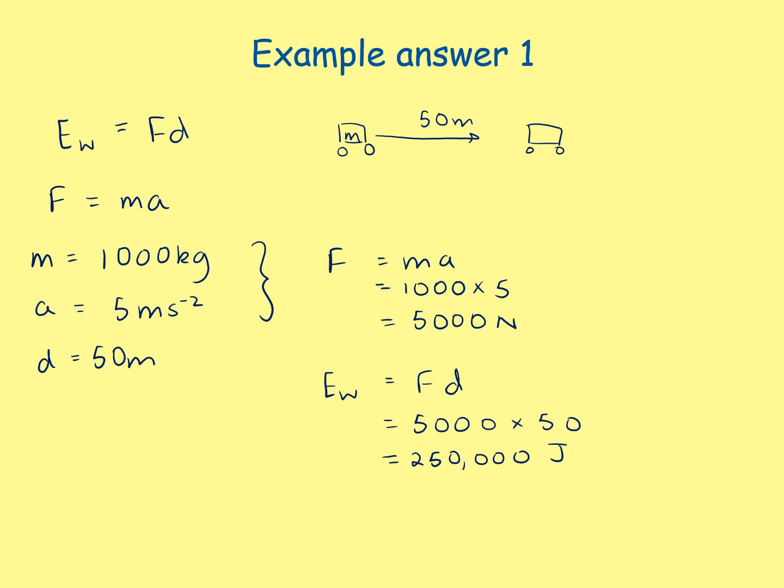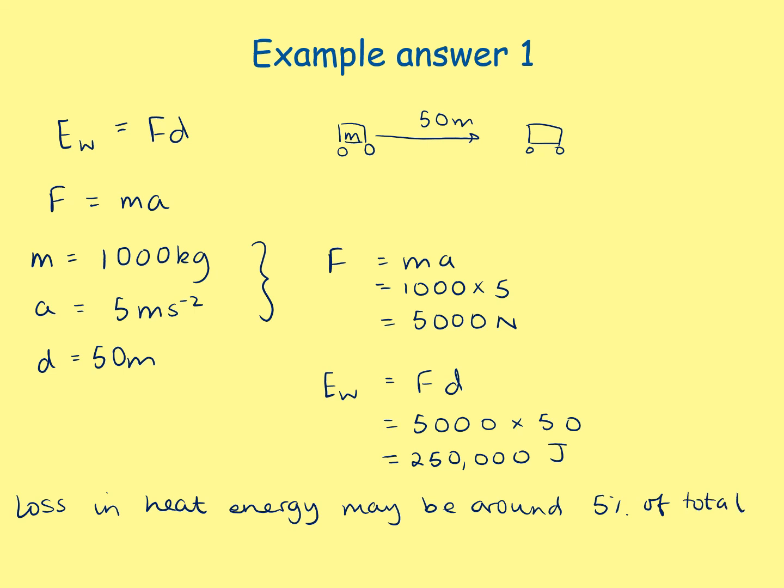So we need to write a sentence along those lines. So 5% of 250,000 joules is 12,500 joules.